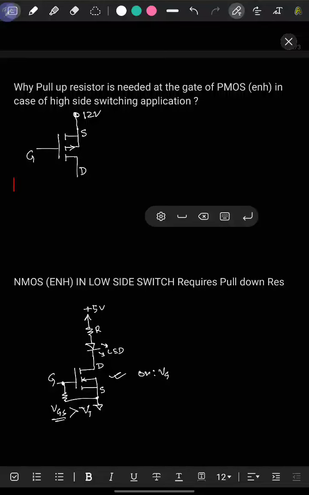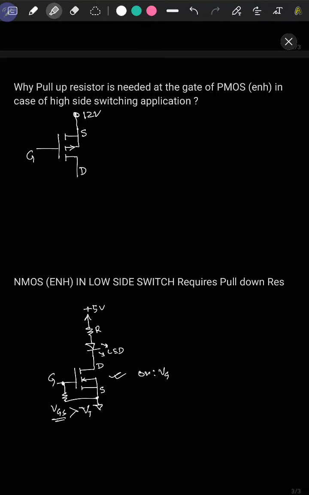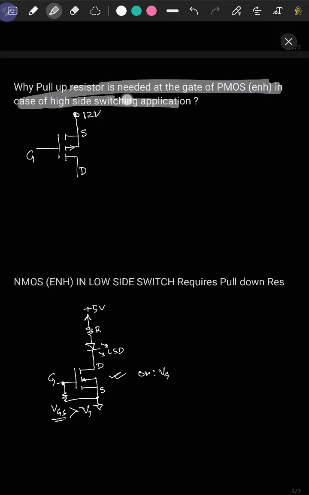Okay, so let us talk about why pull-up resistors are needed at the gate of a pMOS in case of high-side switching application.